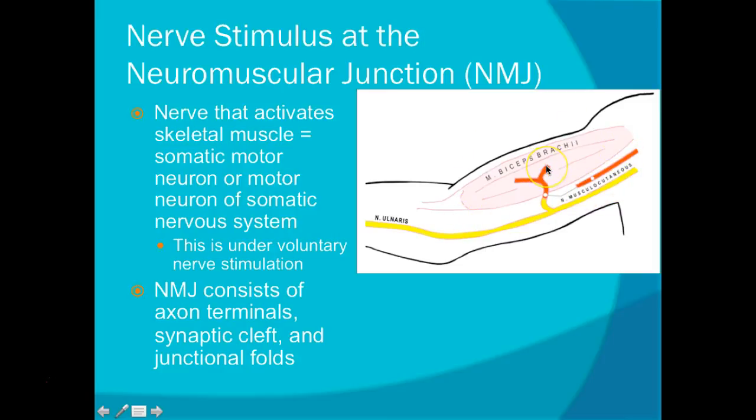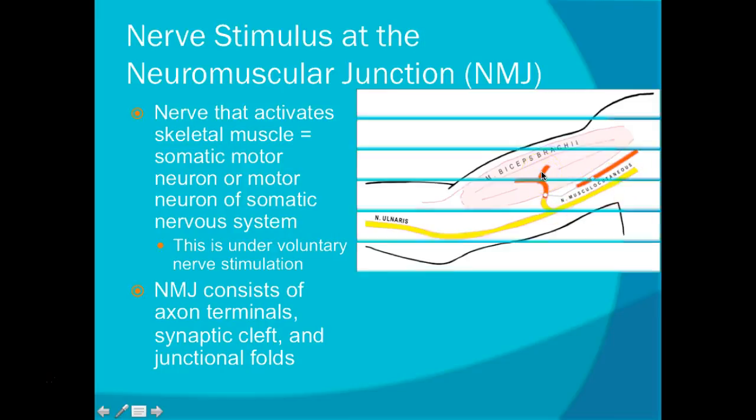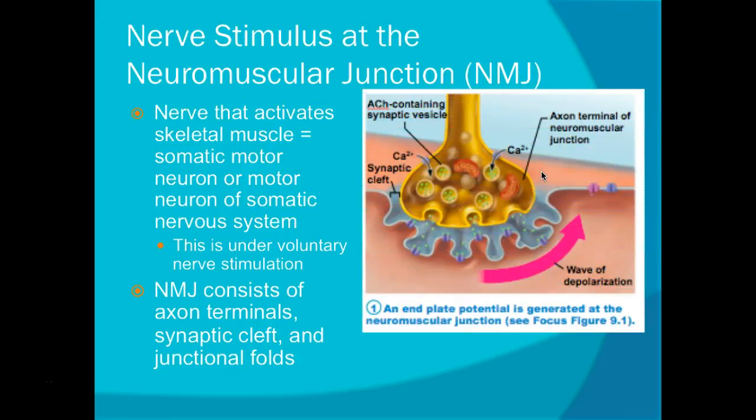And one of those anterior arm muscles pictured here is our biceps brachii. So this nerve is getting a nerve impulse, an action potential being sent through it. We're getting this wave being sent through our musculocutaneous nerve, and it's going to reach our neuromuscular junction, or NMJ.